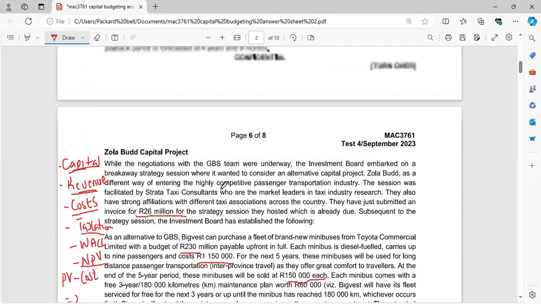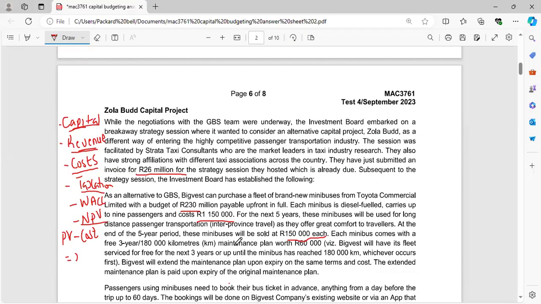Did you guys check this question before the class? What is this 26 million going to be? It's a sunk cost. Yeah, because it has already been made, so it is not relevant to this project evaluation. So that one is going to be a sunk cost.